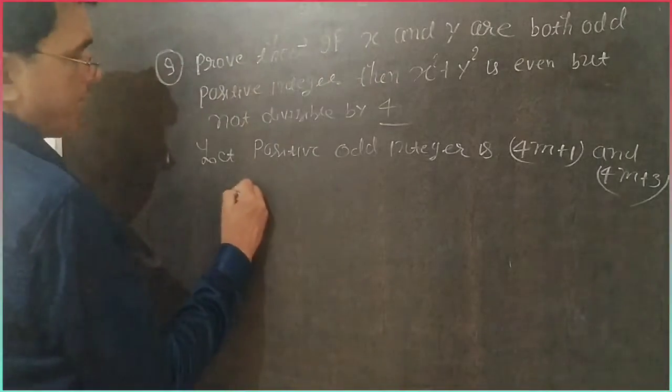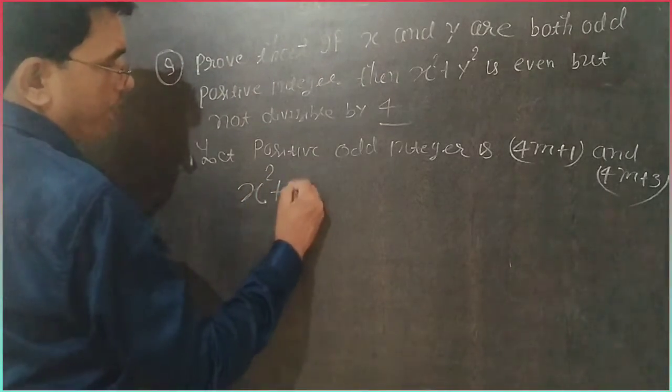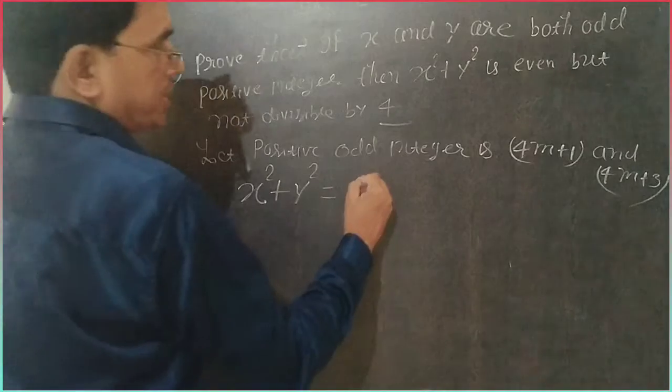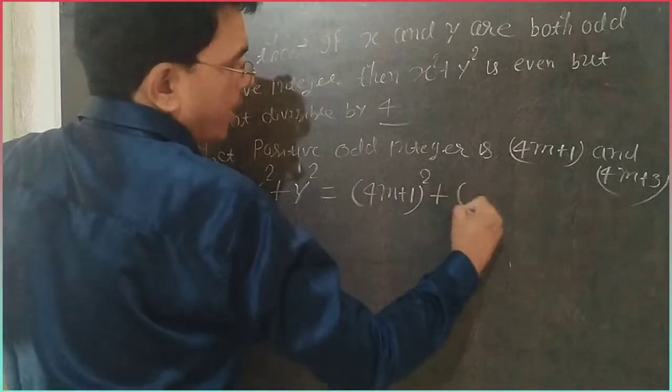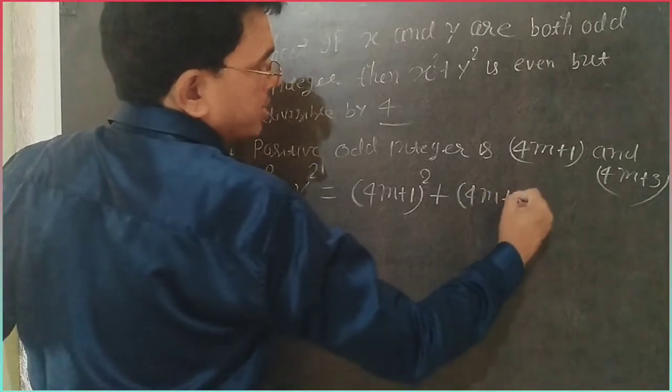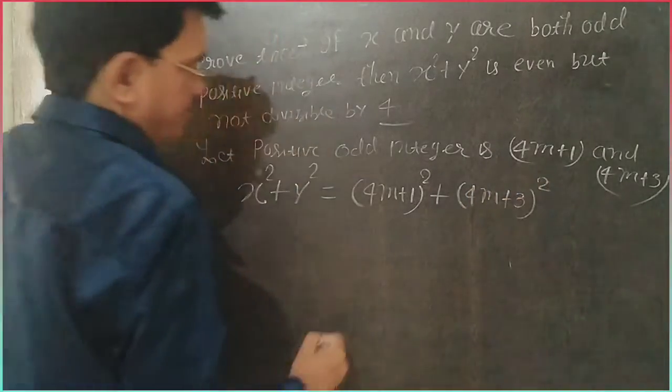So your question is x square plus y square. Then the first integer is 4m plus 1 whole square plus 4m plus 3 whole square.